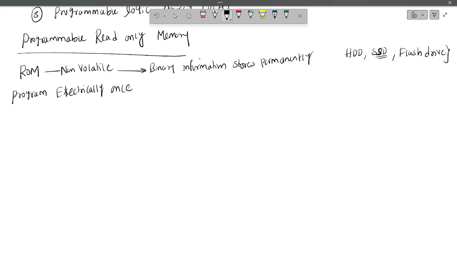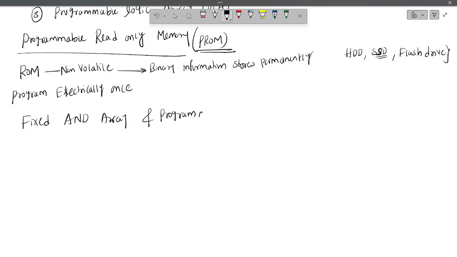Now we are discussing PROM only. PROM means you have a fixed AND array and a programmable OR array.